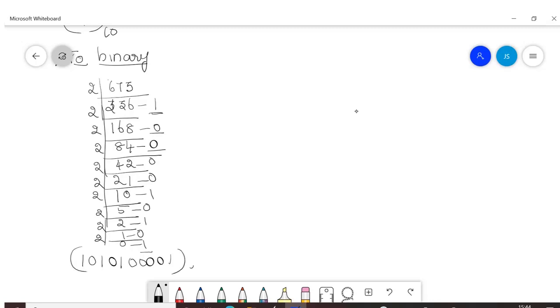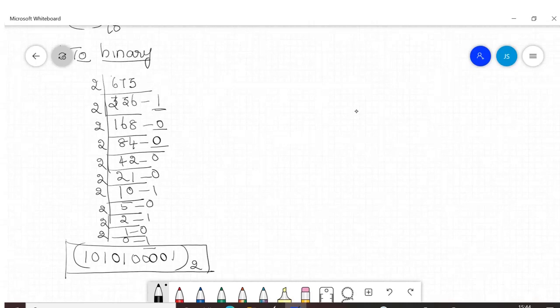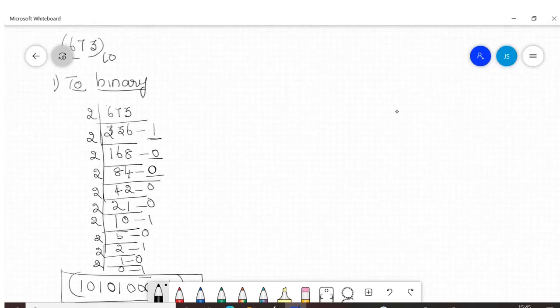This is the binary equivalent of the given decimal number 673: 1010100001.